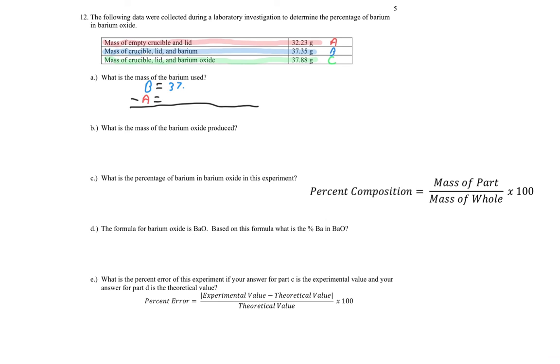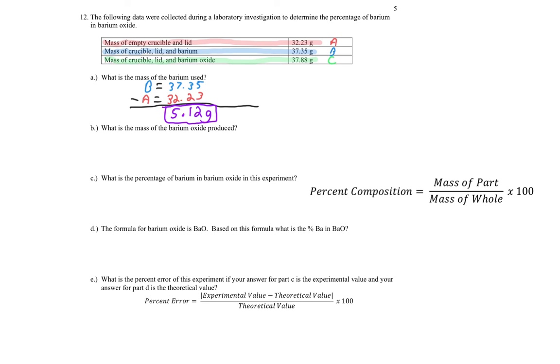B is 37.35. A is 32.23. And if I subtract these two, I end up with 5.12 grams. So that's how much barium I used.